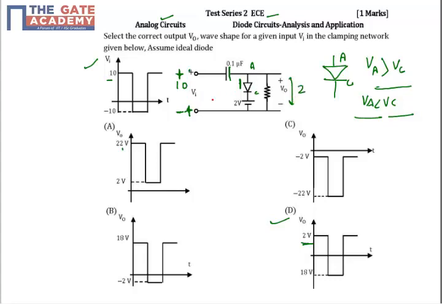Let's apply the KVL in the loop: 10 volt minus VC minus 2 is equal to 0. It means VC is 8 volt, which is obvious also: when you apply 10 volt as an input, the output gets 2 volt and the remaining 8 volt is across the capacitor, right? The capacitor is getting charged to 8 volt.